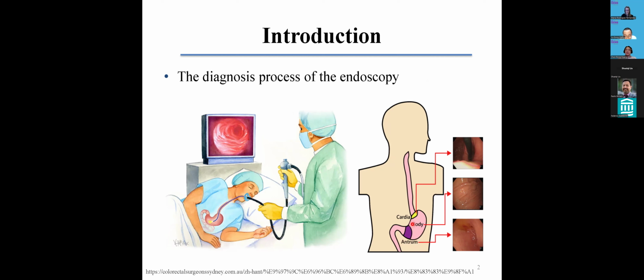The second part is called the body, which is the middle part of the stomach. And the third part is the cardia, the upper section of the stomach. These 3 parts record the important information for the gastric diagnosis, so usually the doctors will capture images of these 3 parts.